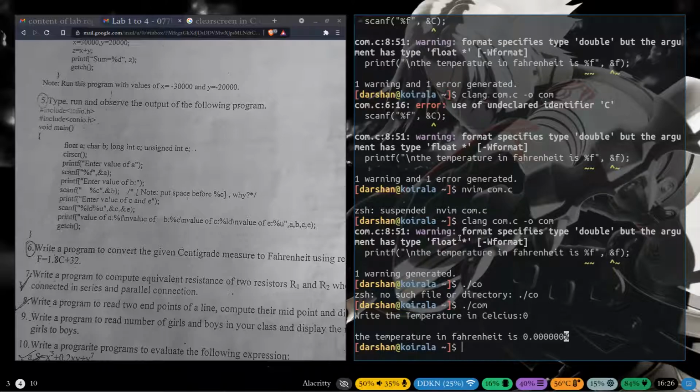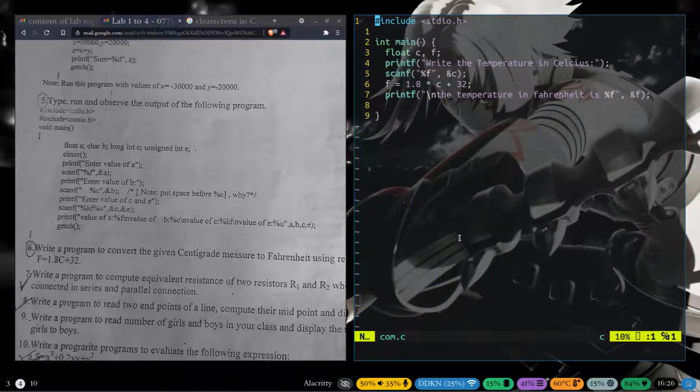Write a program to convert the given centigrade measure to Fahrenheit using the formula. Oh shit. This is a relatively easier program than what I was doing till now, but it seems to be difficult. It is float, and it is float.